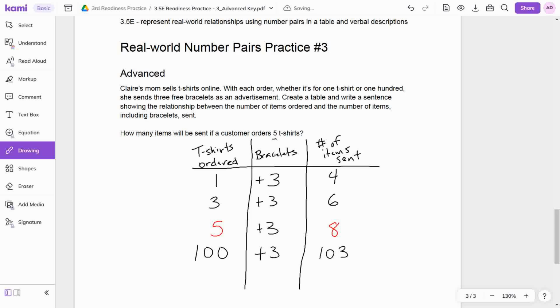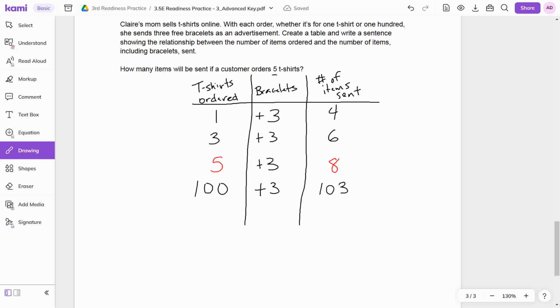So really, the bracelets are acting as a rule, a +3. So let's write a sentence here, and we're going to describe the relationship between the number of items ordered and the number of items sent. So we can write it a few different ways. So I will write it like this.